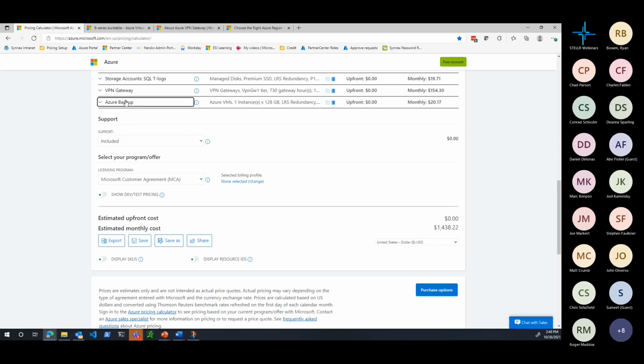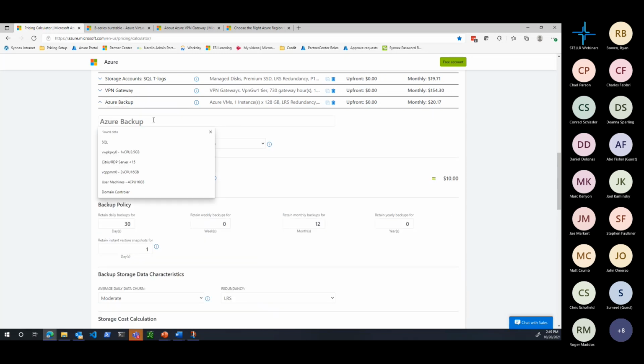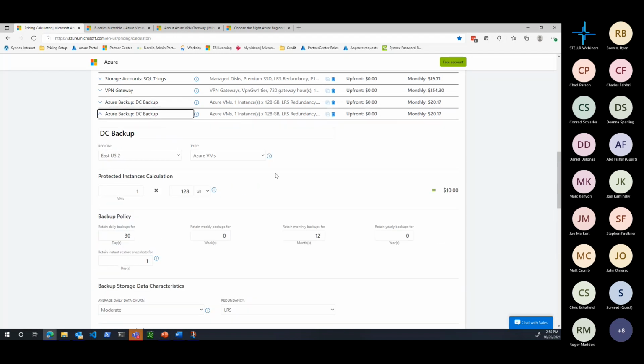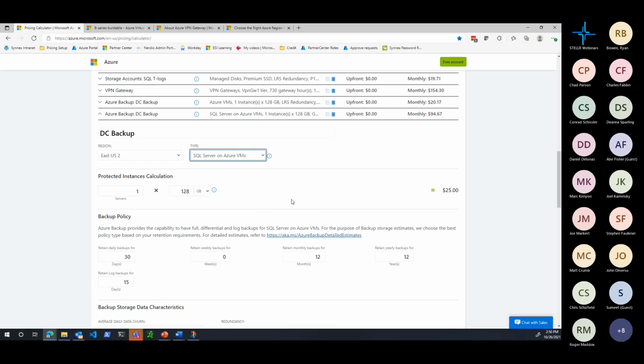So that's backup for, in this case, we'll just call it DC backup. And I'll add another line item here. This is the beautiful thing: I don't have to do anything with retention. Don't have to change redundancy. I just have to change SQL Server on Azure VM. So that then changes a few things that I have.